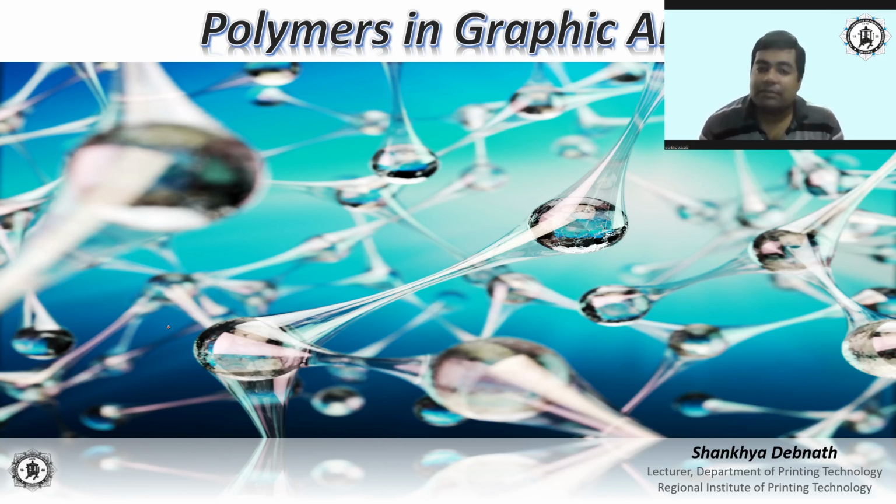Till the time you go to sleep, everything that we use in our daily lives today has some form of polymer in it. So polymer is something which has touched our lives in a lot of ways, and it is perhaps one of the most important materials that we use in the graphic art industry as well. So, without further ado, let us take a look at what polymers are.